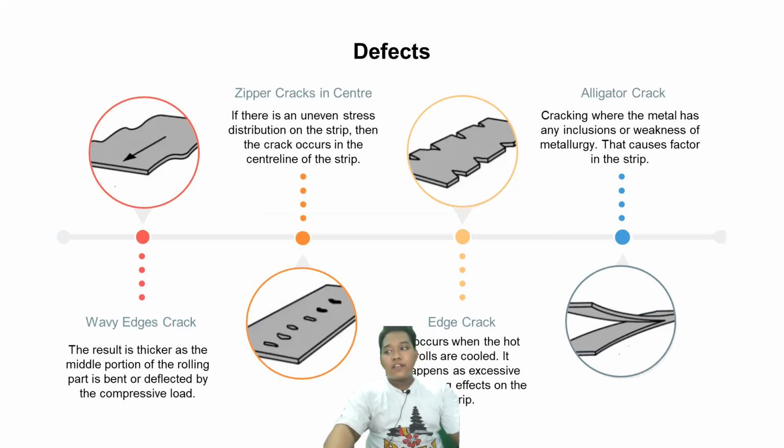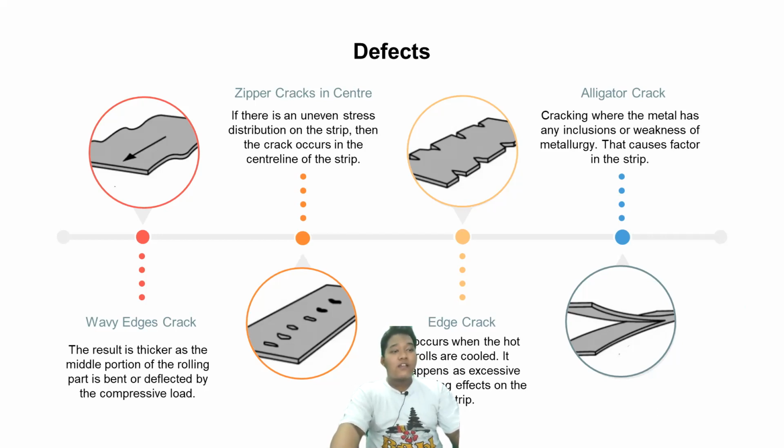There are some defects that might occur during the rolling process. The first defect that might occur is the wavy edge crack. It is because the middle portion of the rolling parts is bent or deflected by the compressive load.